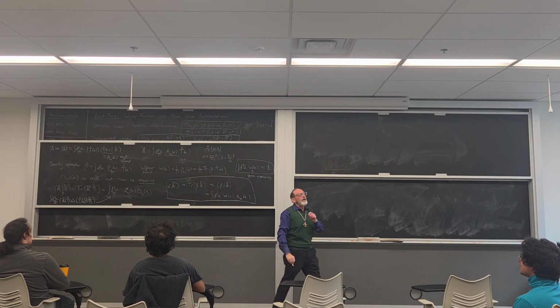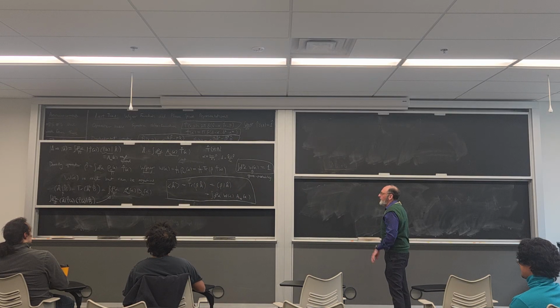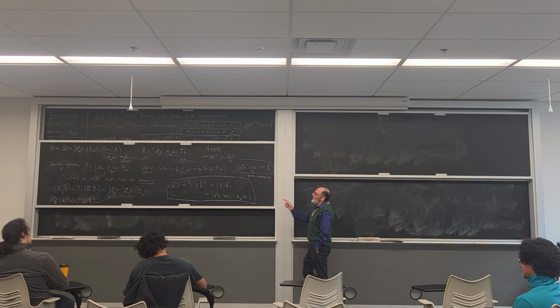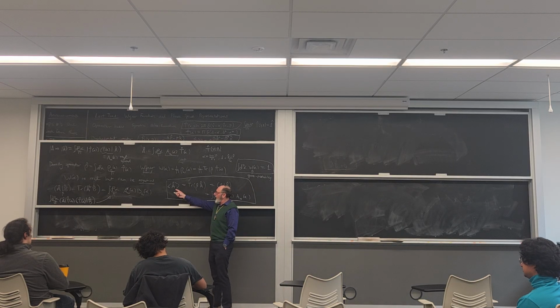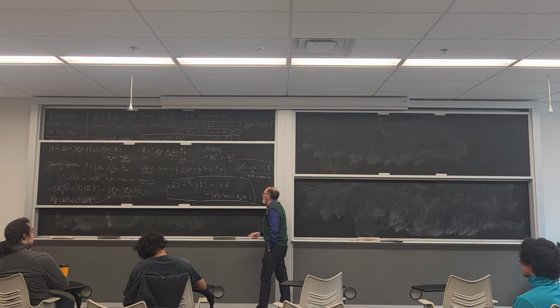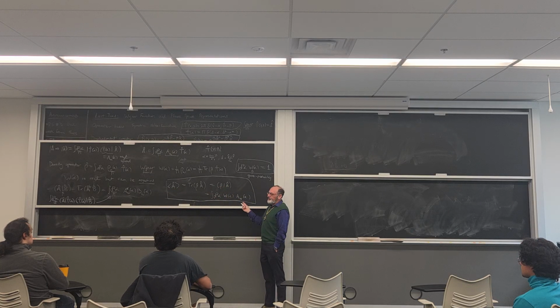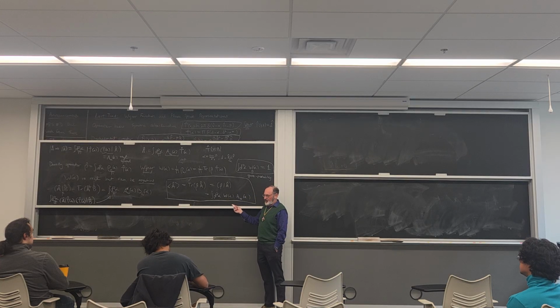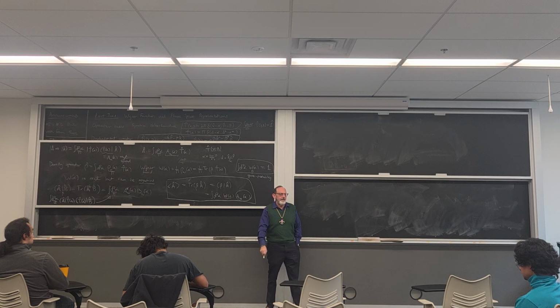So again, I want us to look at this expression carefully. What I'm saying is that I can calculate the expected value of this observable by averaging, if you like, the operator over the phase space weighted by the Wigner function.